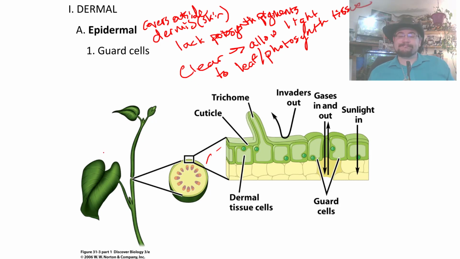So, a neat thing that we have here are guard cells. Guard cells will appear on either side of a stomata. They flank the stomata.